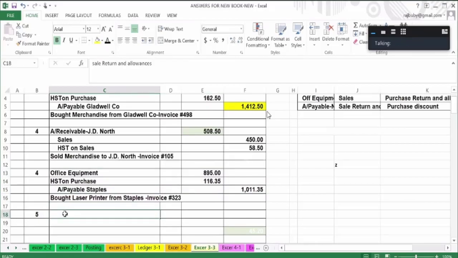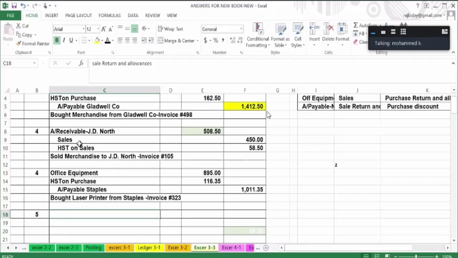January 5th. JD North returned goods worth $40 plus HST of $5.20. A credit note was issued. So we're doing sales return, related to the January 4th transaction. In that case, we'll debit accounts receivable, no, sorry, this is the one you are going to reverse.